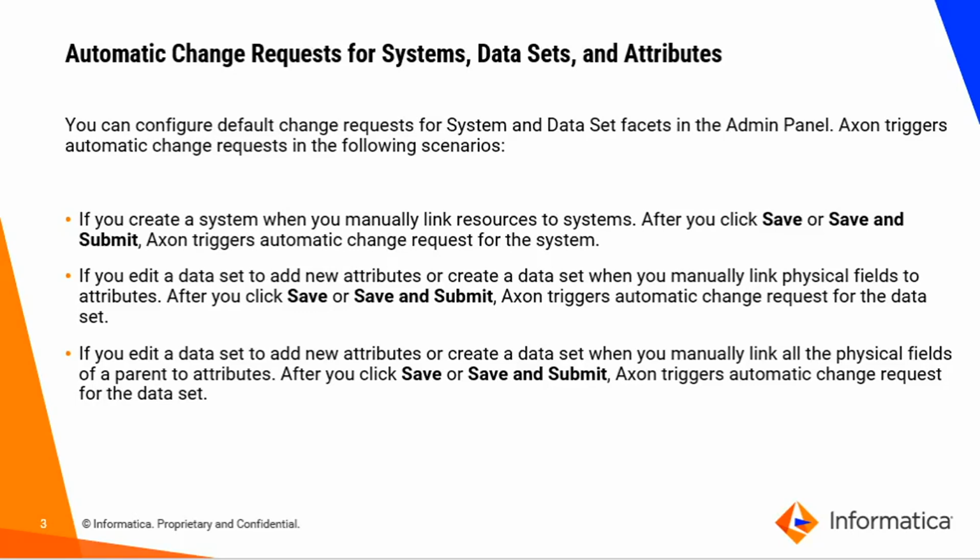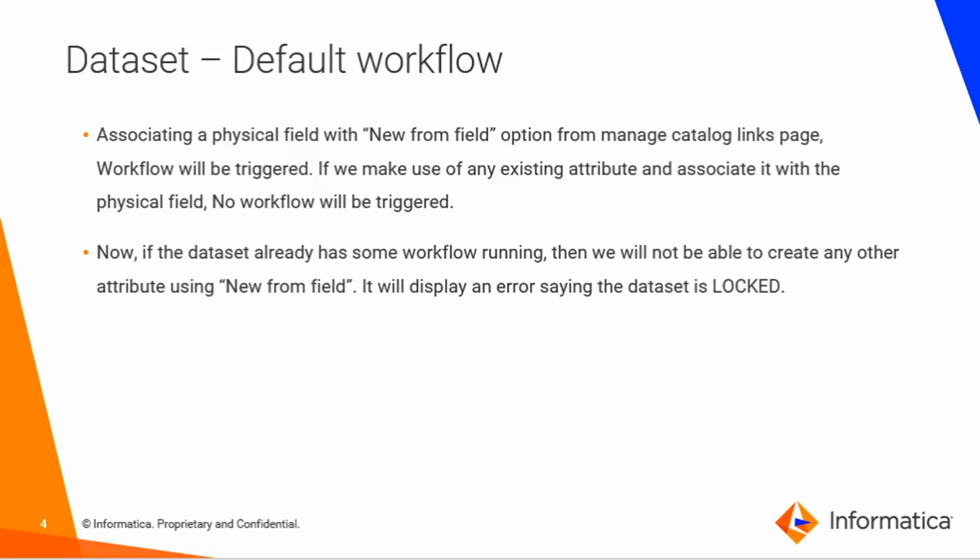Under the third option, again we have seen two different behaviors. In case we associate a physical field with the new from field option from the Manage Catalog Links page, a workflow will be triggered. If we make use of an existing attribute and associate it with the physical field, then no workflow will be triggered.